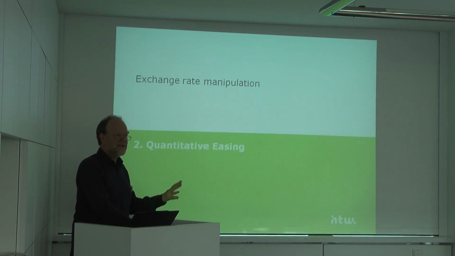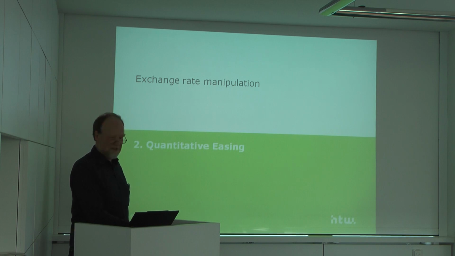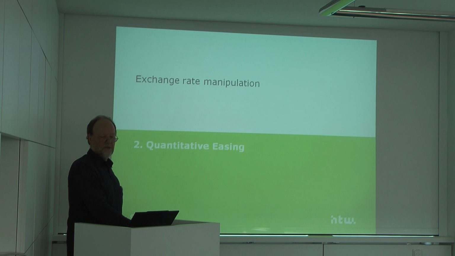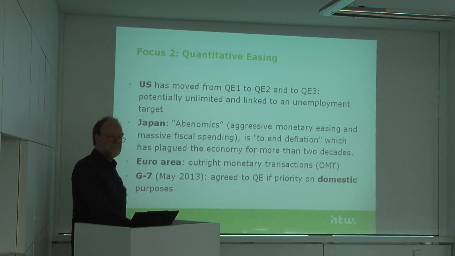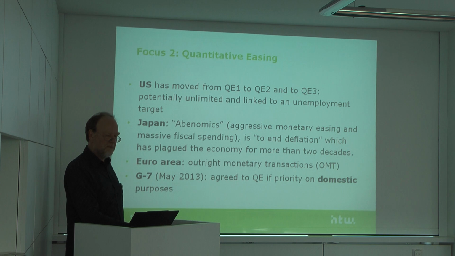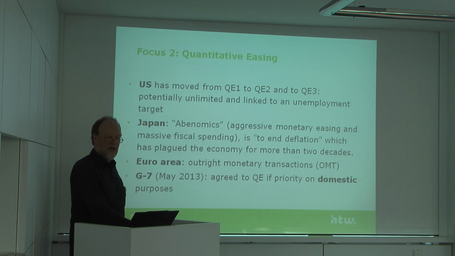Now we have a second debate, a completely different debate from that. That's more about quantitative easing. Indeed, you all know it, that quantitative easing from the United States, from Japan, and, even if smaller, from the euro area, has become an important dimension of monetary policy.